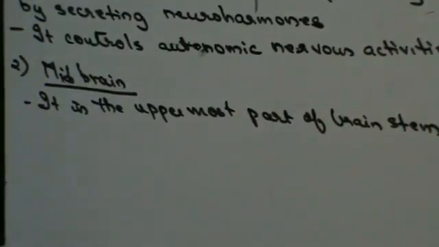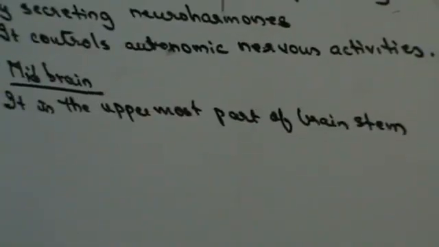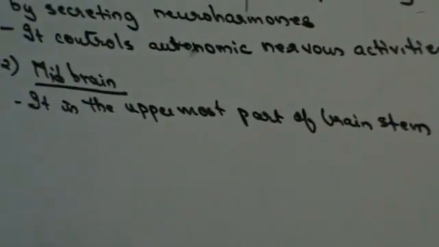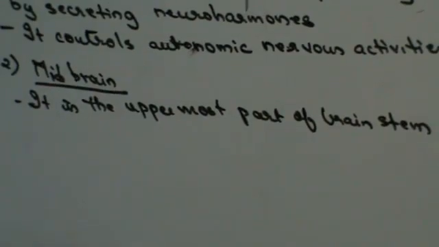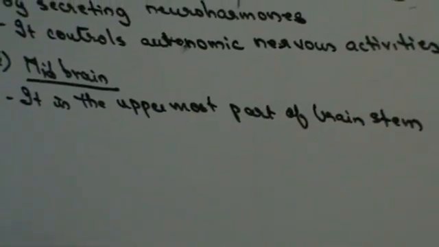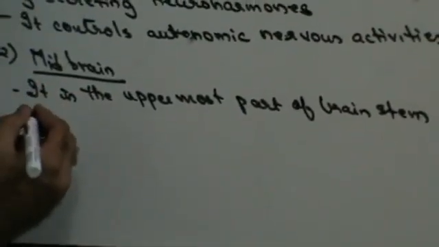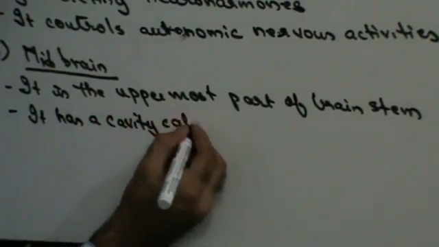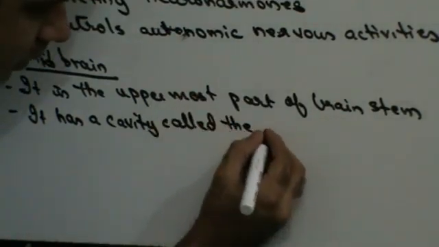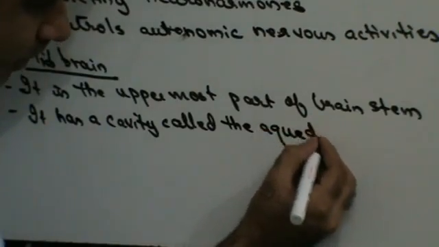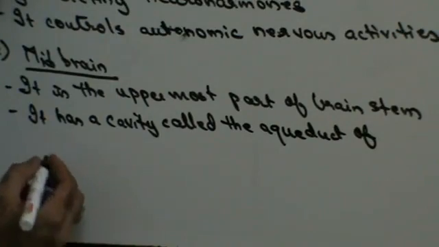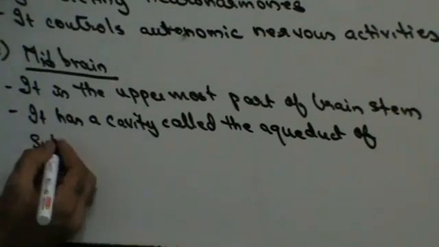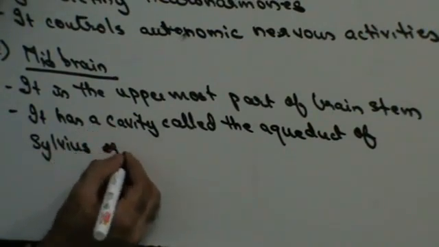It has a cavity called the aqueduct of Sylvius, or the iter.